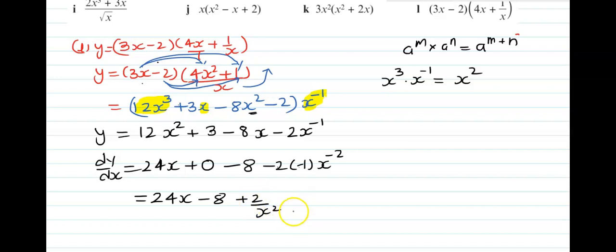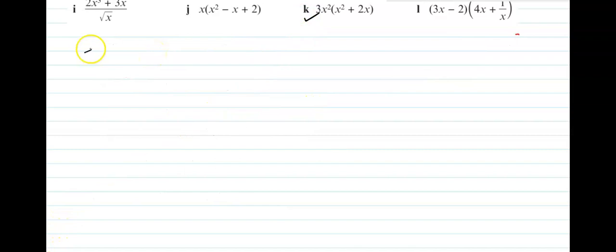Now I can solve another part, that is the k part. So for the k part, let's again assume y equal to 3x square times (x square plus 2x).